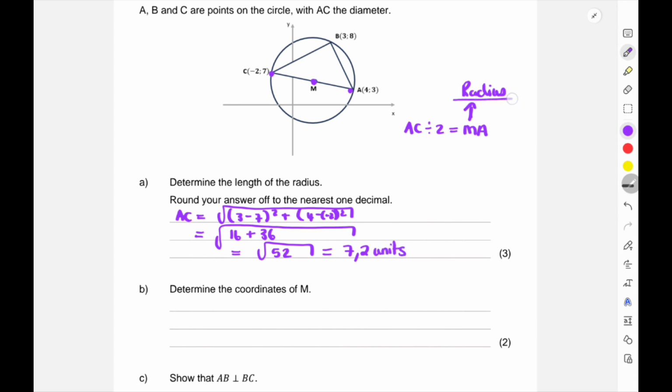But because they wanted the radius, we have to divide by 2, which gives you 3.6 rounded off.